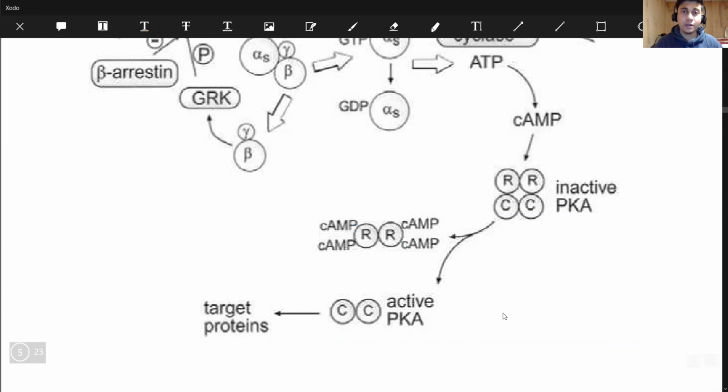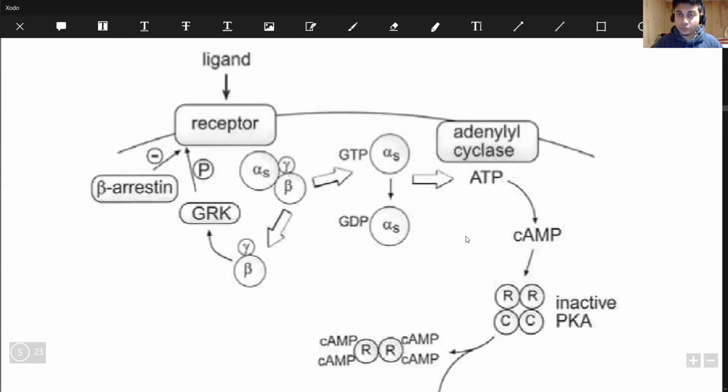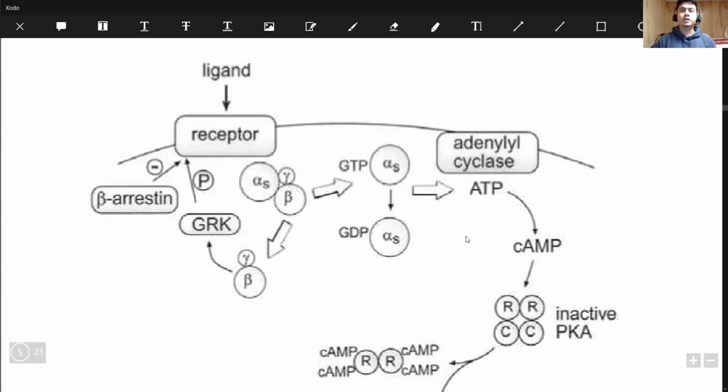So again, to recap, first, the ligand binds to the receptor, the Gs coupled receptor, then it leads to the binding of GTP to the alpha subunit. And whenever GTP binds to the alpha subunit, the beta and gamma subunits are detached.